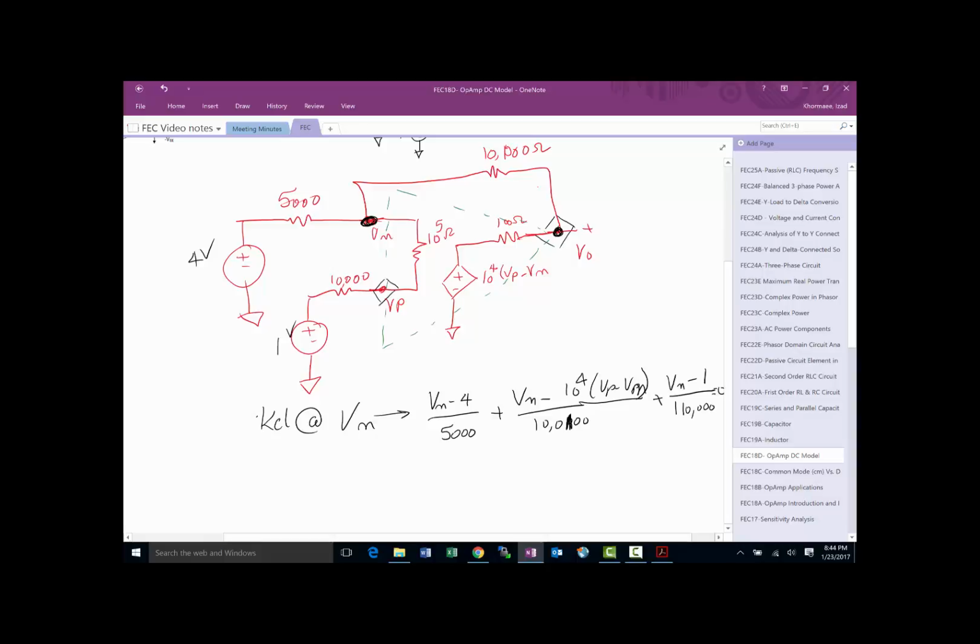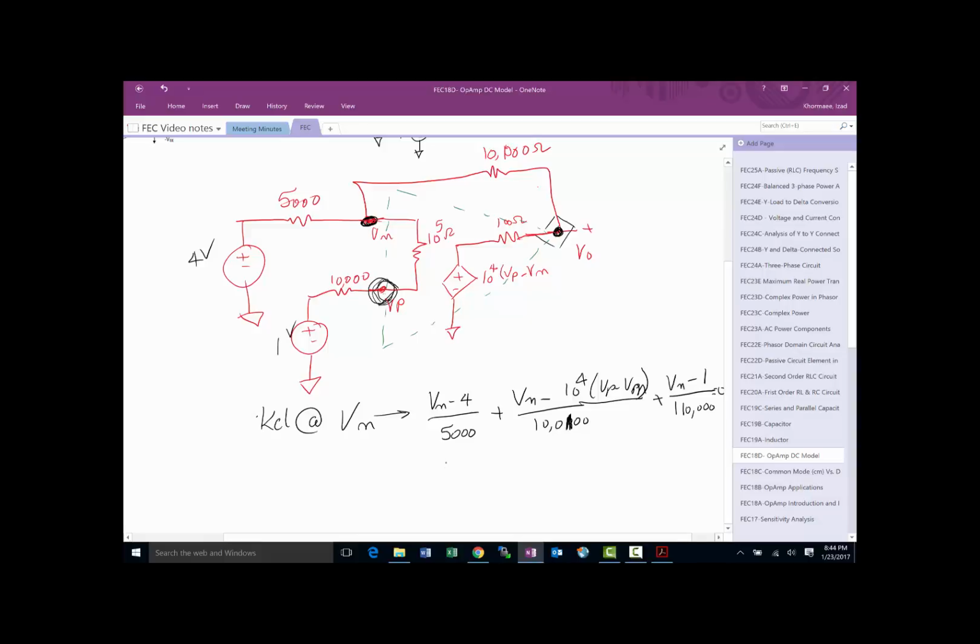Okay, so now the question is, what is Vp? We can write Vp in many different ways. One of the simplest ways would be to write a KCL. Typically we don't do this, but you can write a KCL for this non-essential node. If I write that, it would be this current is equal to that current.